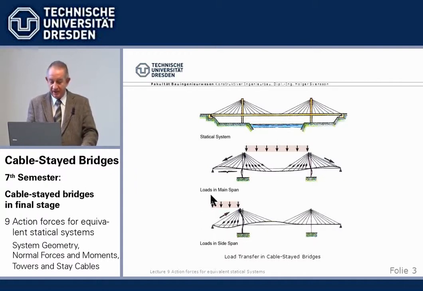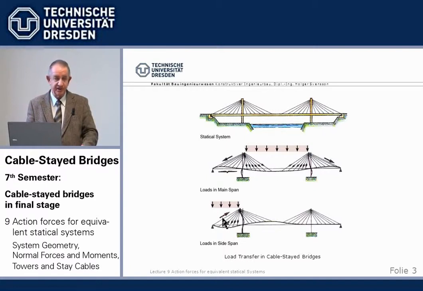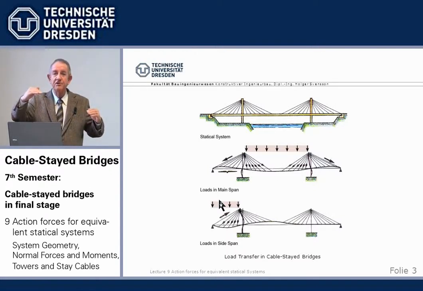Well, under permanent loads, not these transient live loads, we stress the backstay cables to a certain extent. And now live load creating compression in here means the tension from permanent loads is reduced by this amount of compression.